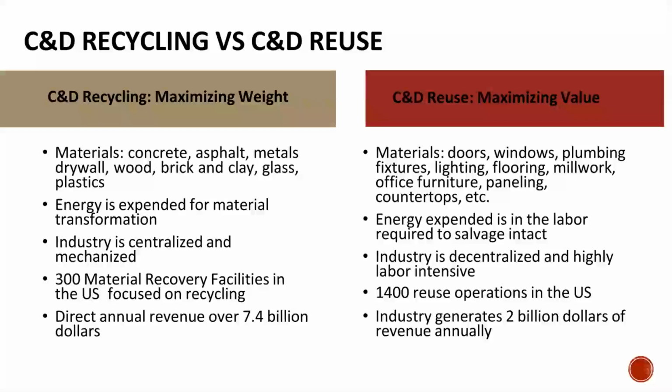This material requires a lot of labor to extract, because these buildings and interiors that we work on are really not built to be deconstructed. Our industry is decentralized and highly labor intensive. There are about 1,400 reuse operations in the United States, and our industry generates about $2 billion of revenue annually, so significantly smaller than the recycling industry.